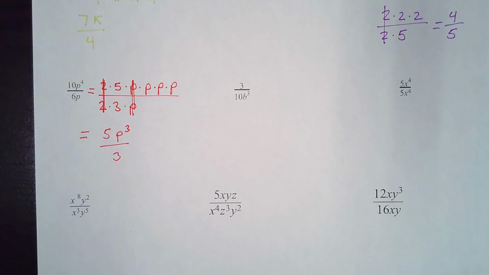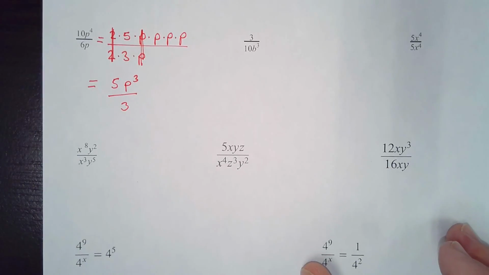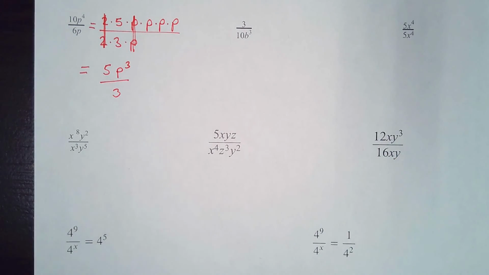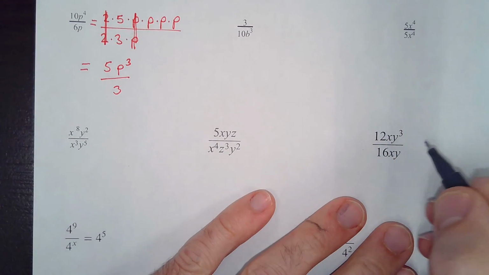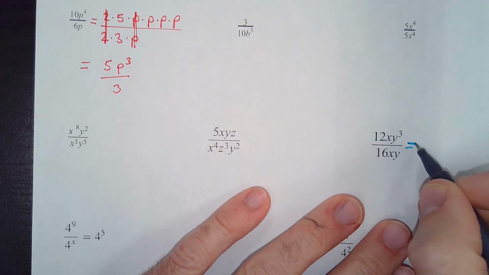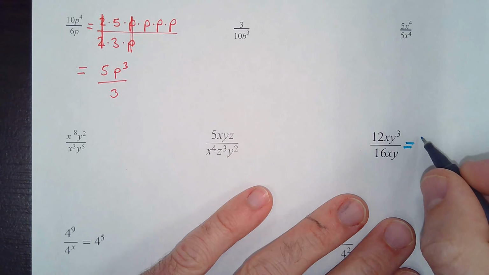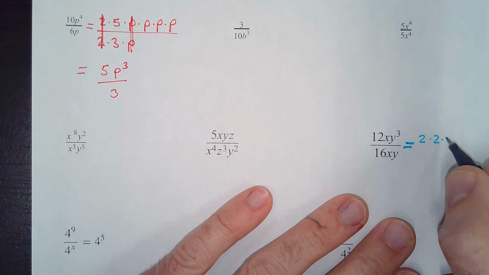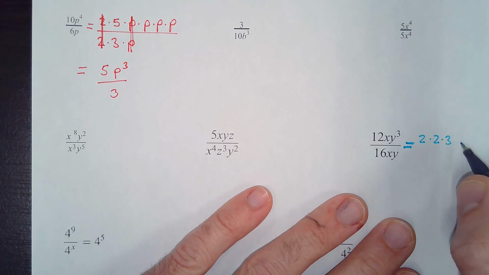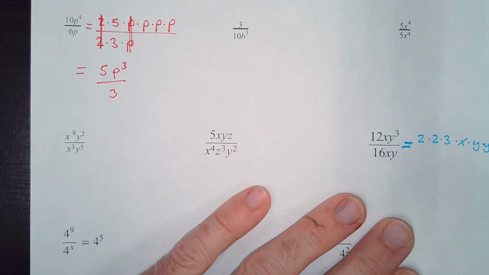And we'll do one with different variables. So let's go down here to this one. Let's do the same thing we've done with the numbers, so we can expand the numbers out too. So this would be equal to 2 times 2 times 3. That's 12, right? 2 times 2 is 4. 4 times 3 is 12, times x, times 1, 2, 3 y's.